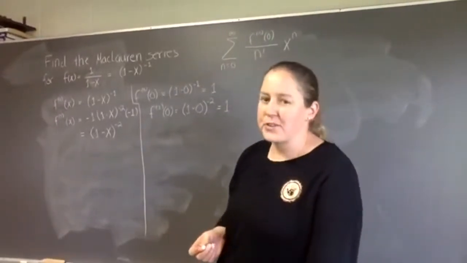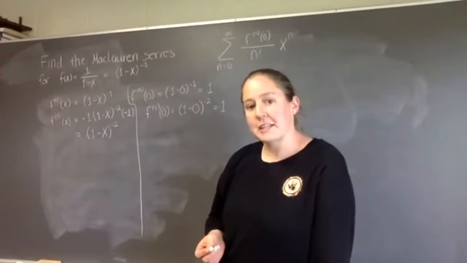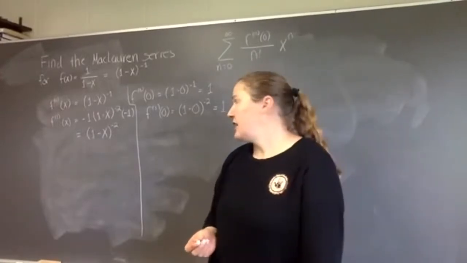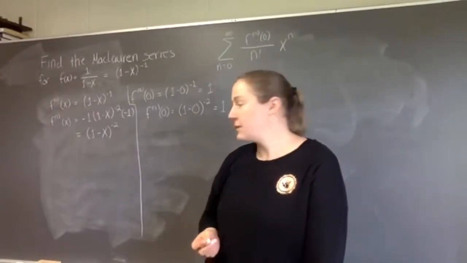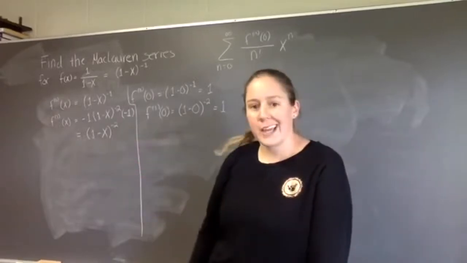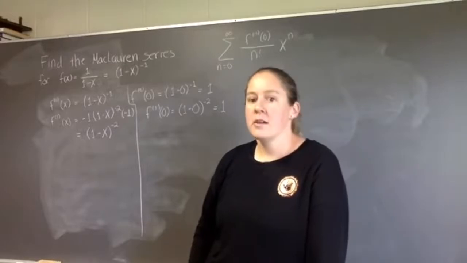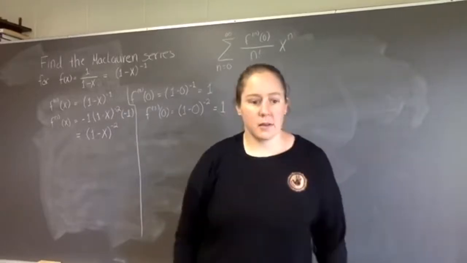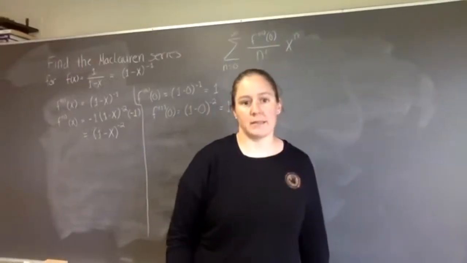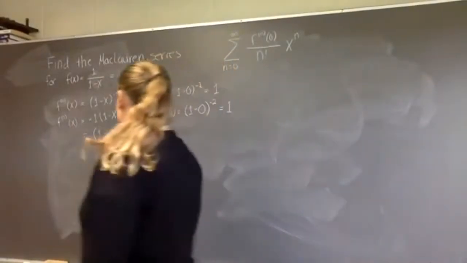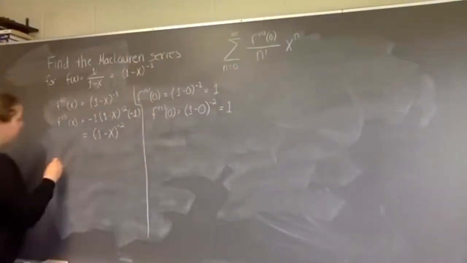Don't do that unless you have a strong reason to believe that pattern is going to keep on going. And in this case, there's not really a strong reason to believe that, because when we do the power rule again, we're going to get a negative 2 in front instead of a negative 1, and that 2 is going to mess things up a little bit. So we're going to keep going and see what we get.